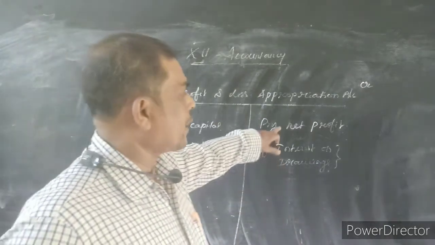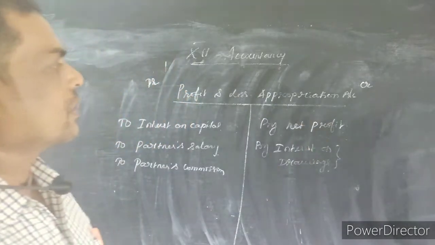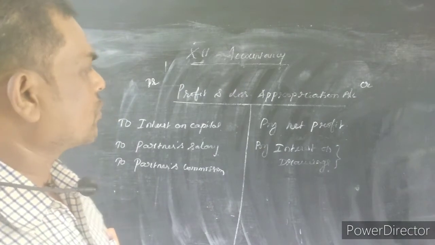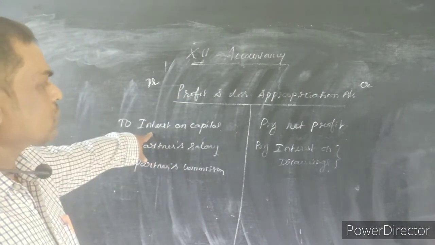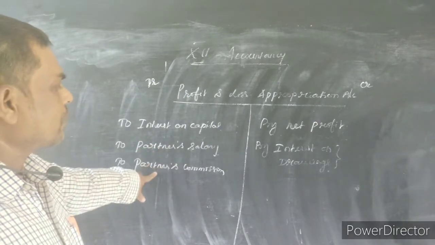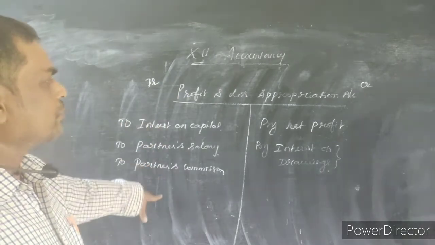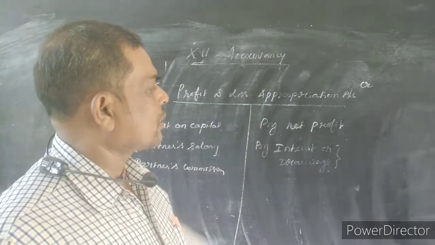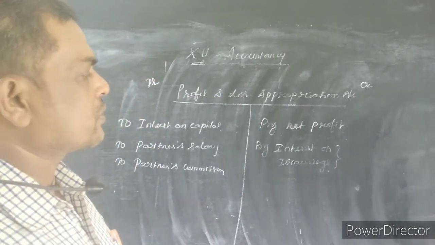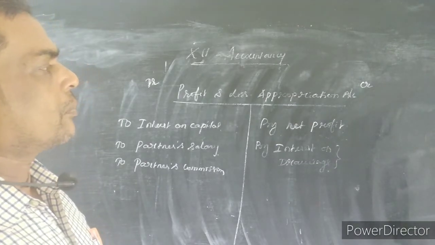That is why these two items will be credited in the profit and loss appropriation account. Interest on capital, partner's salary and partner's commission are the expenses, so they will be debited. The two incomes, net profit and interest on drawings, will both be credited in the P&L appropriation account.